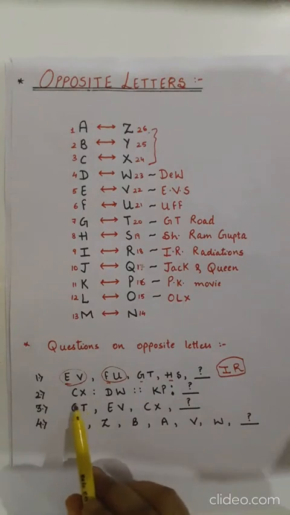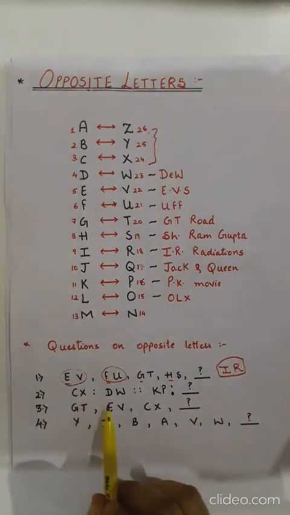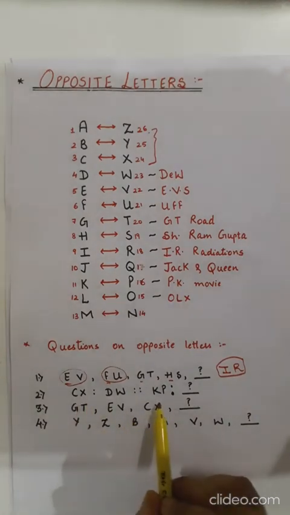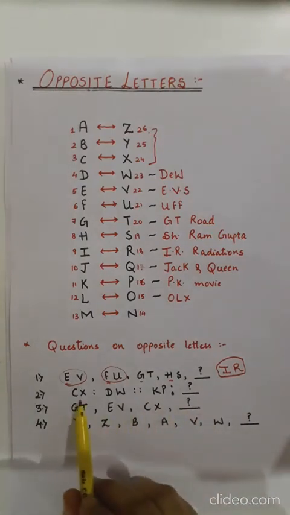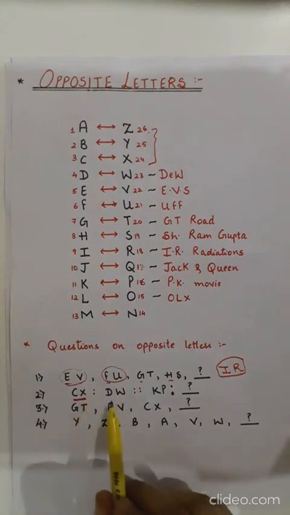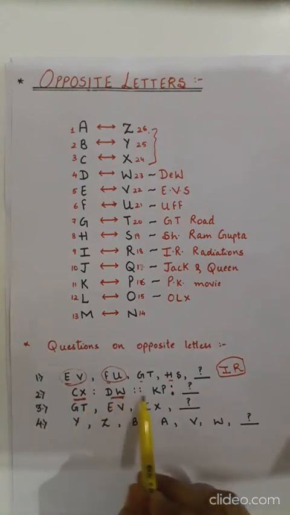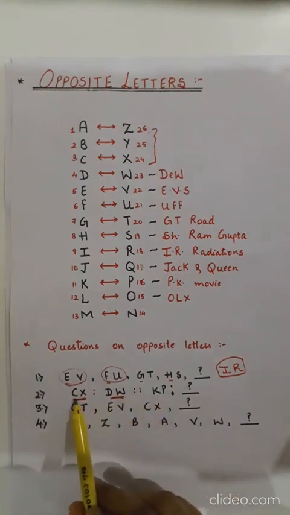Next it is given: if CX is to DW, then KP is to what? If we see that the opposite of C is X, again opposites are given, and D is W, we learned it by Mountain Dew, and we can see that again there is a continuity.